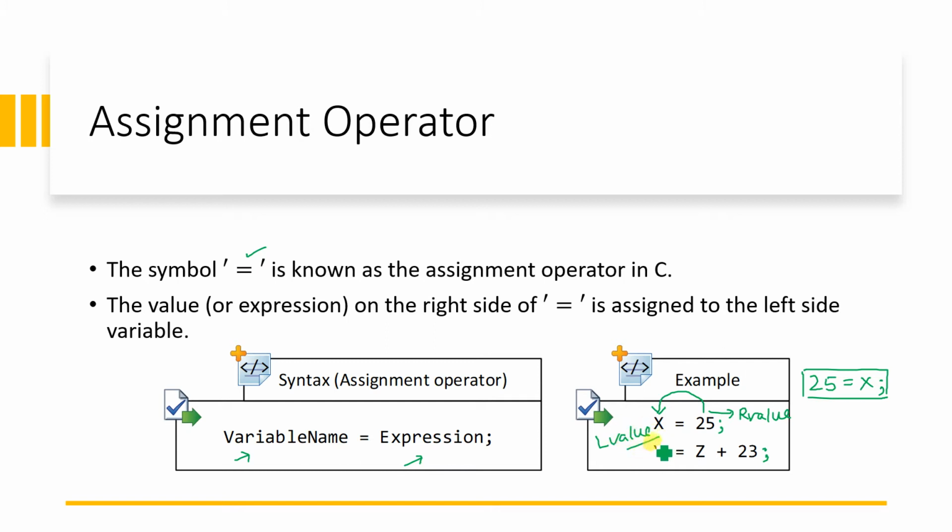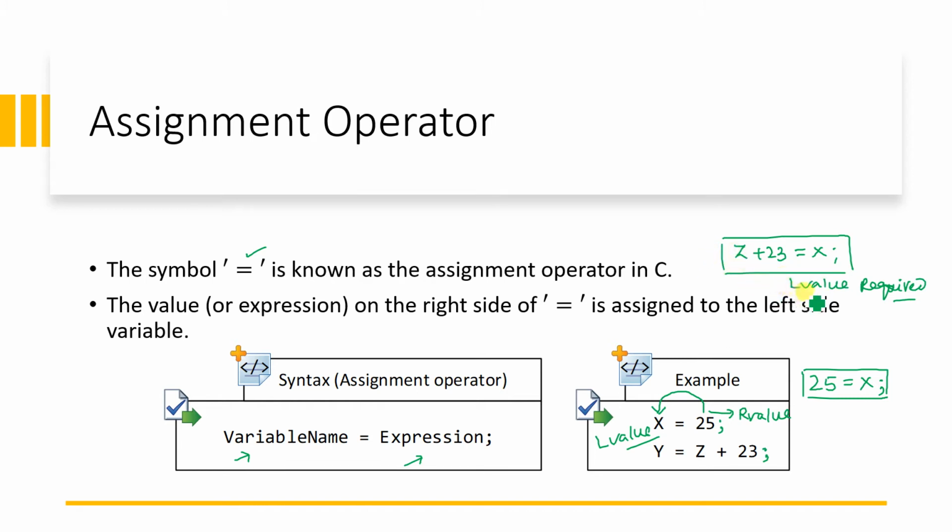Suppose you write z plus 23 is equal to x. Then this expression will show you an error called L value required. This type of error will be shown whenever you run this line in a C programming environment.